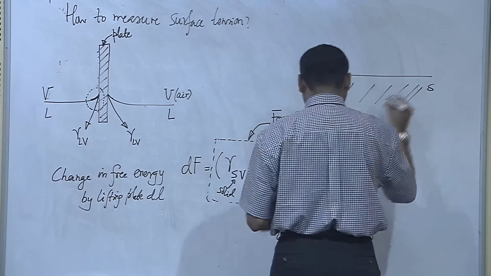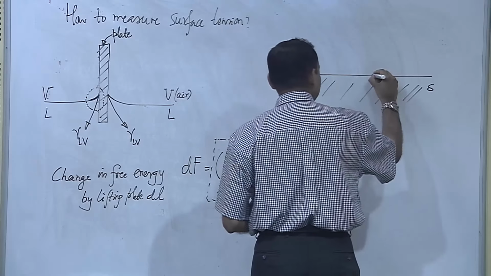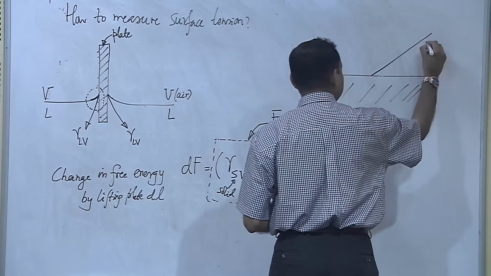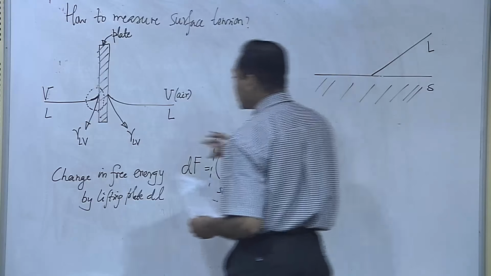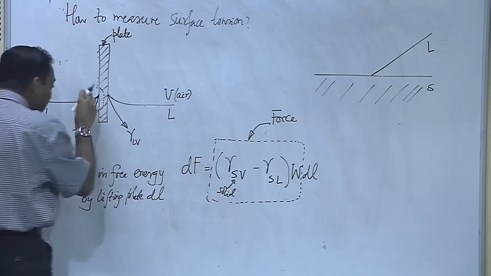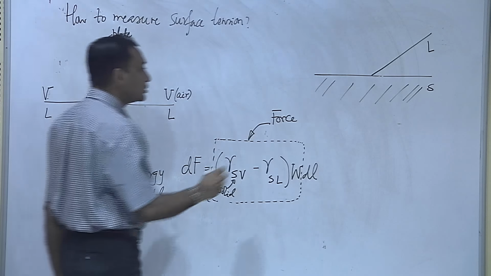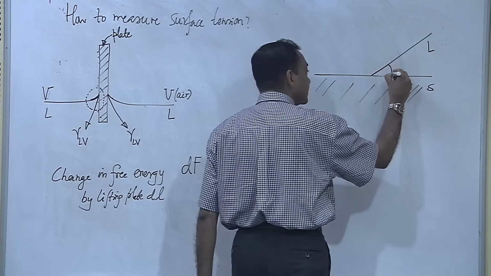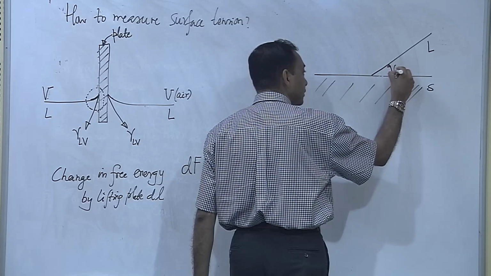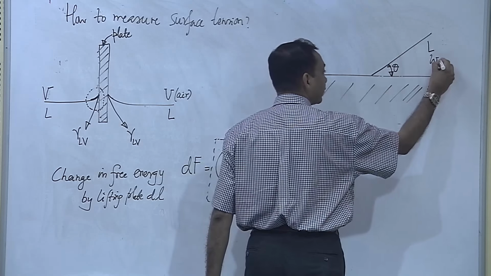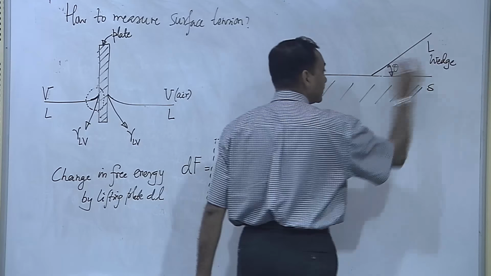This is the solid. This is my liquid. If you focus, there is a wedge, and that wedge is at an angle, say theta, correct? So I have a wedge of liquid at an angle theta.